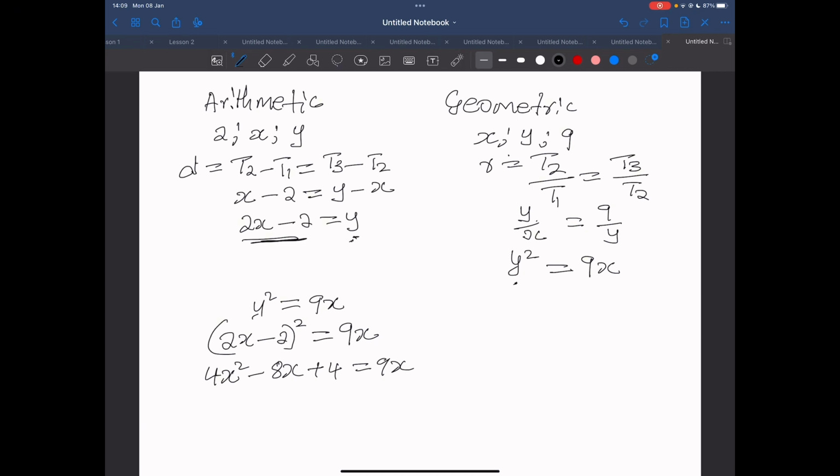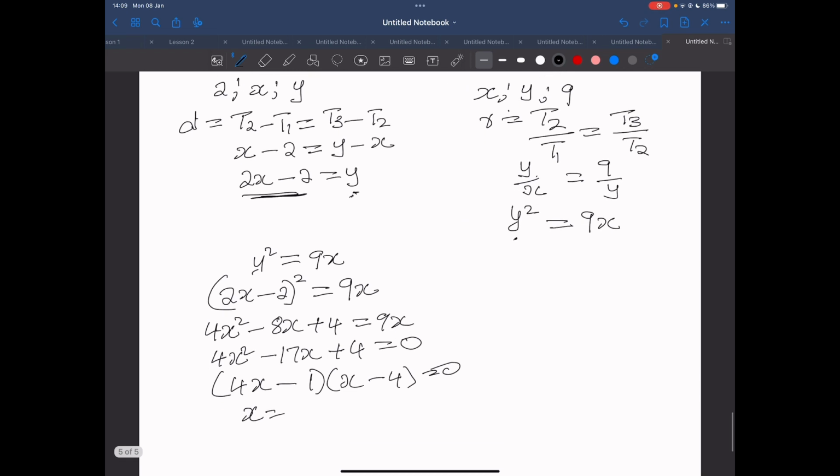So collecting like terms, we have 4x squared minus 8x minus 9x, it's minus 17x, plus 4 equals 0. We can factorize this. So we will have 4x minus 1 and x minus 4, which equals 0. So in other words, x is 1 over 4, or x is 4.